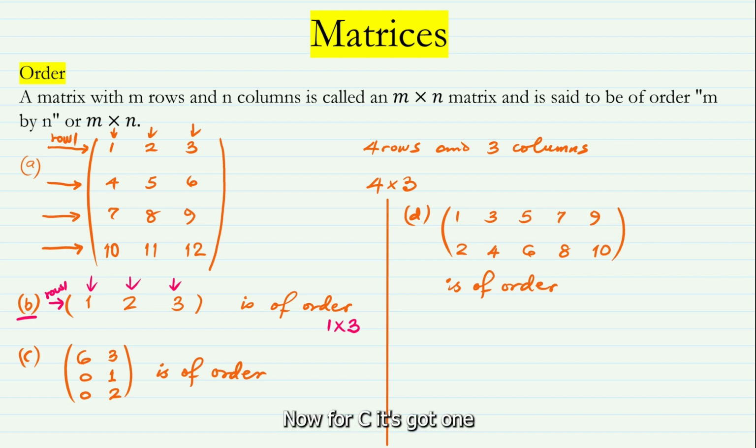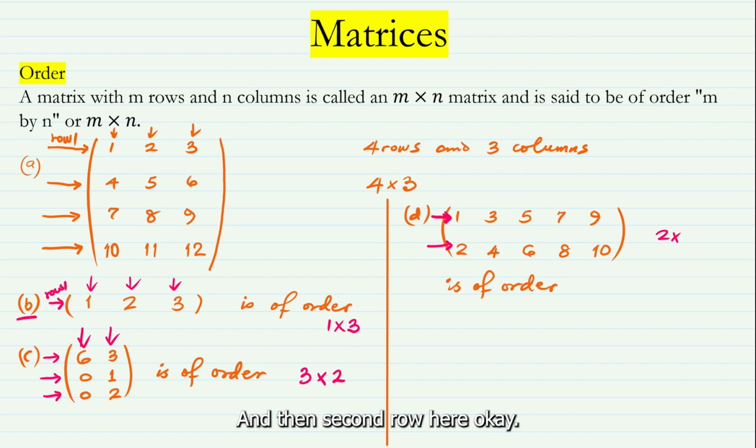Now for C, it's got 1 row, 2 rows, 3 rows. So 3 by, it's got 1 column, 2 columns. So 3 by 2. And for D, 2 rows, row 1 there, and then second row here. Okay, but for the columns, you have 1, 2, 3, 4, 5. So it's a 2 by 5 matrix.